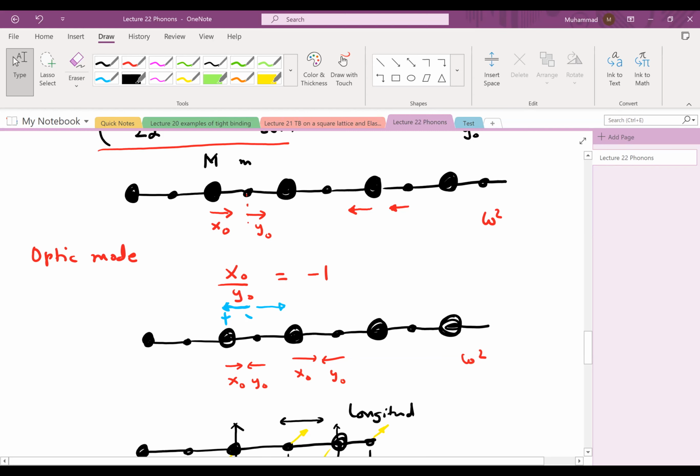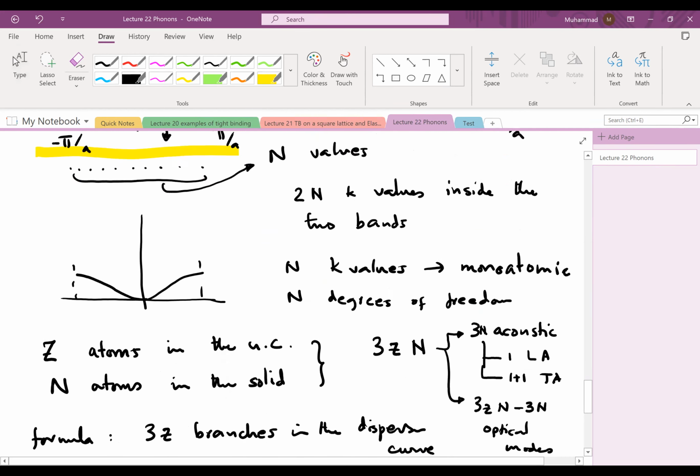So if there are n modes, there will be n normal modes, n kinds of frequencies, and each frequency is labeled by omega k.